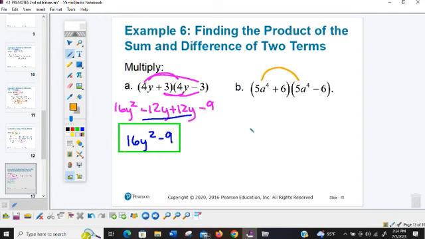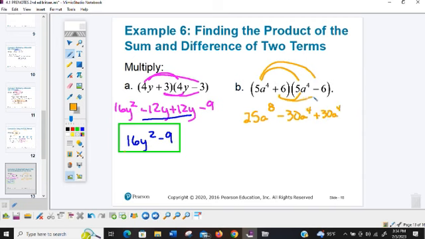5a to the 4th times 5a to the 4th is going to give me 25a to the 8th when we add our exponents. 5a to the 4th times negative 6 is negative 30a to the 4th. 6 times positive 5a to the 4th is positive 30a to the 4th.